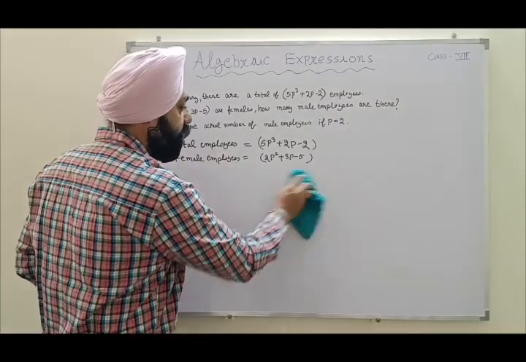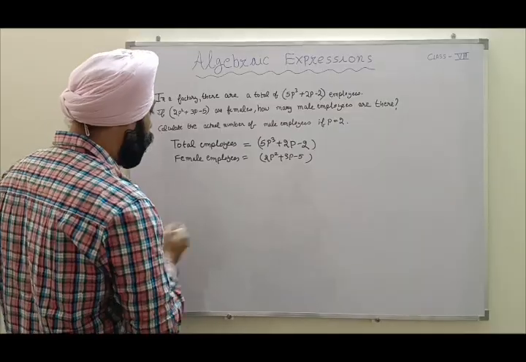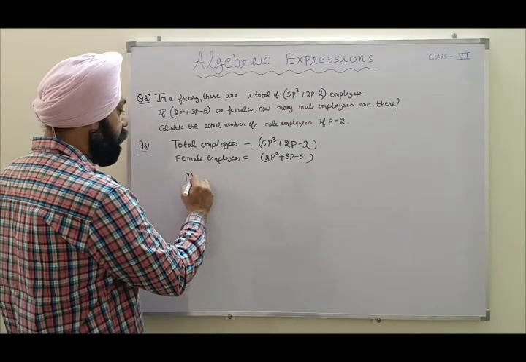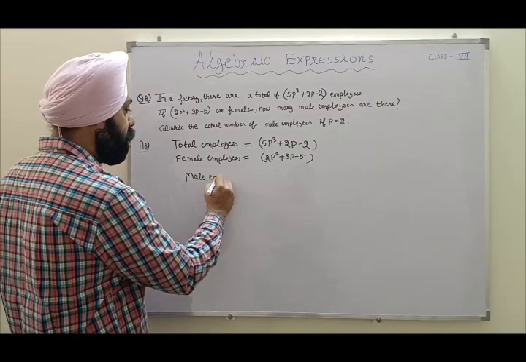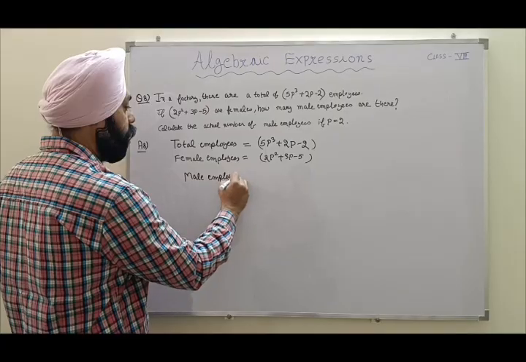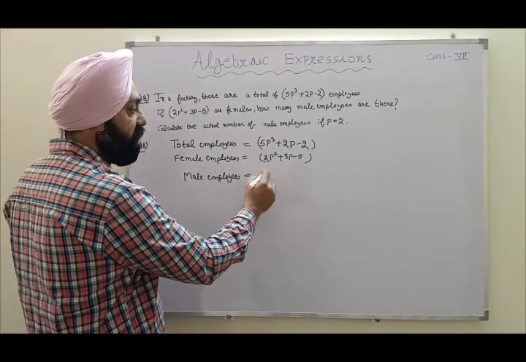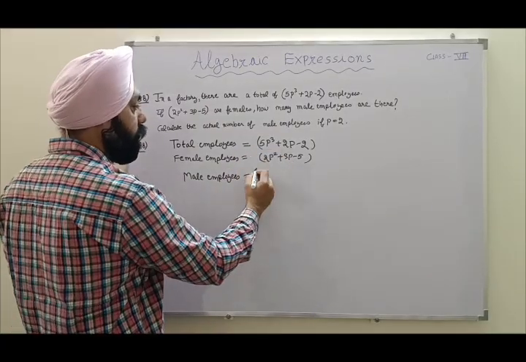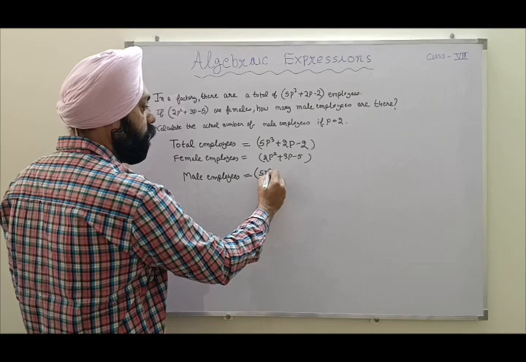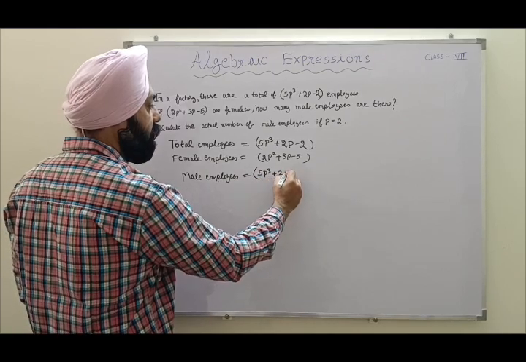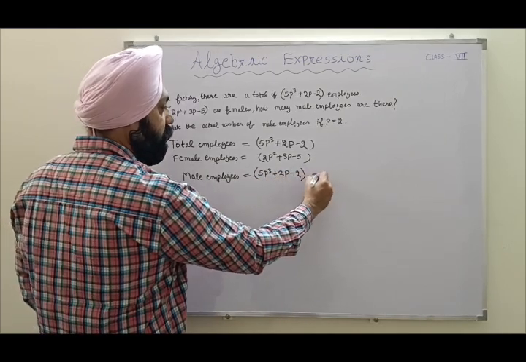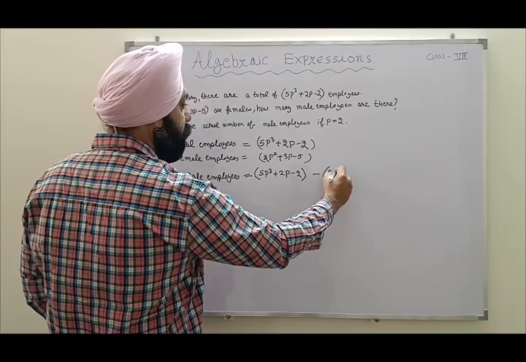We will find the number of males. So we can write male employees is equal to, we will subtract this expression from the total employees. So 5pq plus 2p minus 2, minus the next expression.